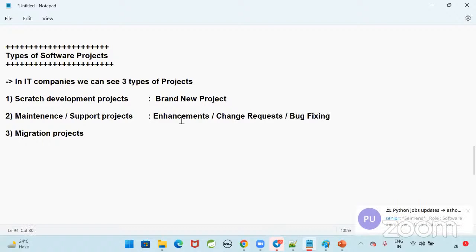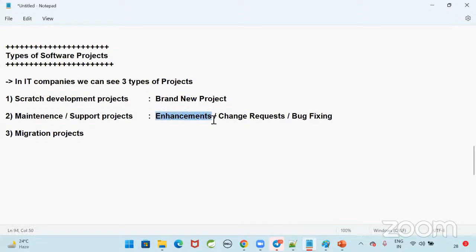Maintenance projects mean we already completed development and delivered to the client. If the client asks to add some extra functionality to the existing project, that is an enhancement. For example, in my project flight booking is available, and the client asks to add the functionality to book hotels also. Adding new functionality to the existing project is called an enhancement.